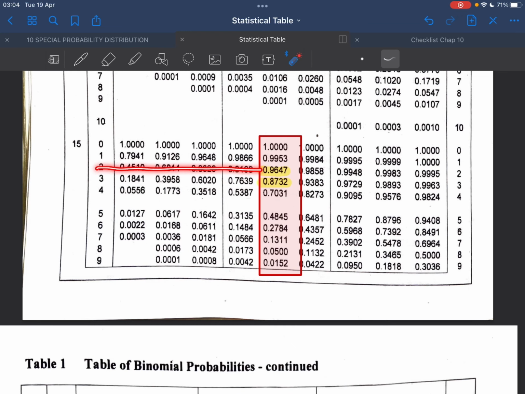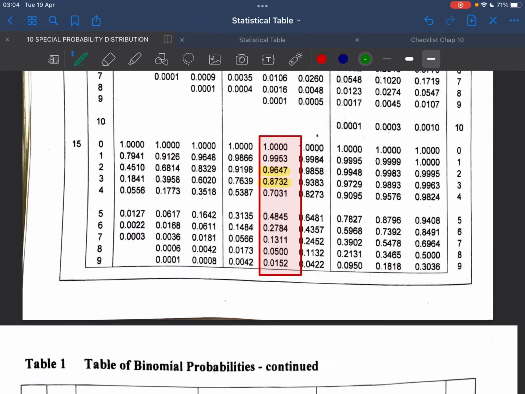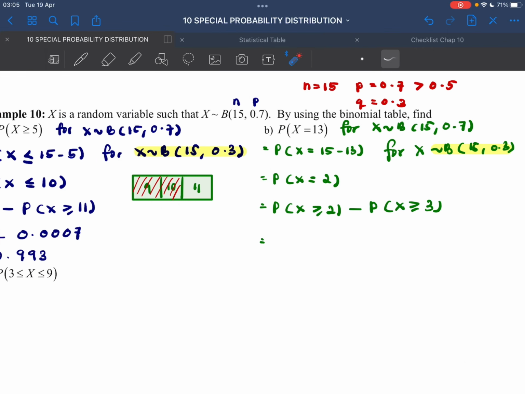Okay, ini 2, ini 3. So kita ada 2 ialah 0.9647 minus 0.8732 equals to, we have 0.0915.